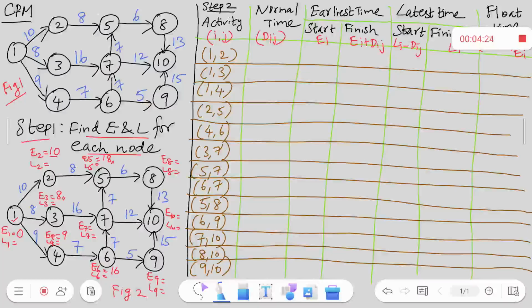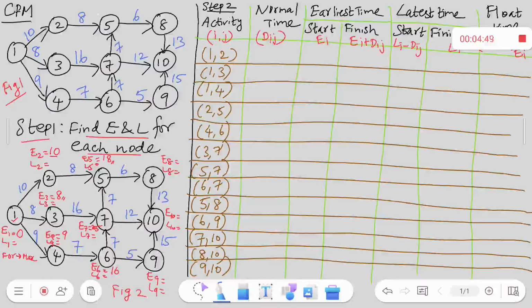So, while moving in the forward direction, I should consider the maximum time. According to this thumb rule, for 5 to 7, I get 18 plus 7, which becomes 25. So the answer is 25. Here I take the maximum path.